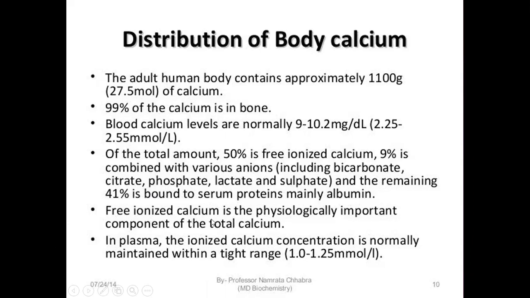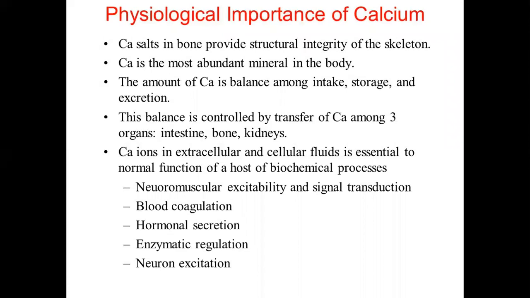Free ionized calcium is the physiologically important component of the total calcium. In plasma, the ionized calcium concentration is normally maintained within a tight range of 1 to 1.25 milligrams per liter. Now let us see the biological significance of calcium.